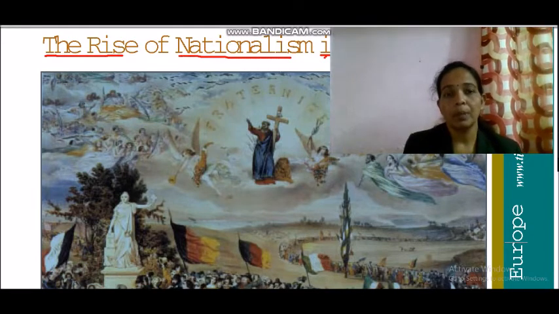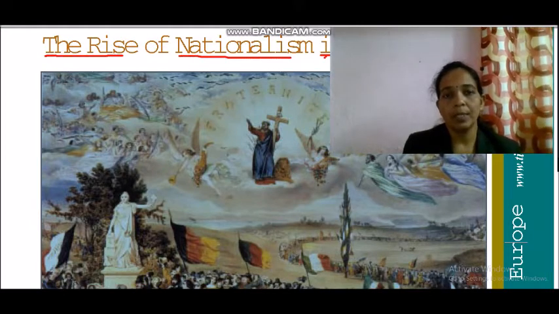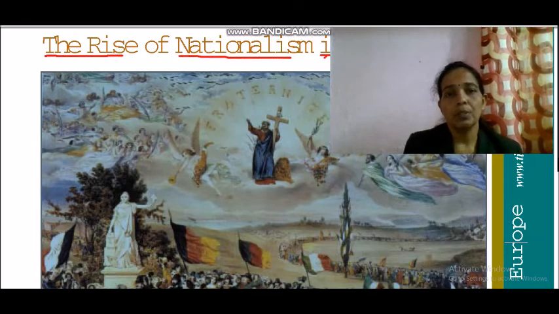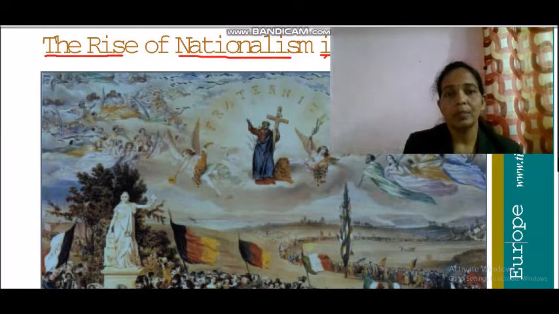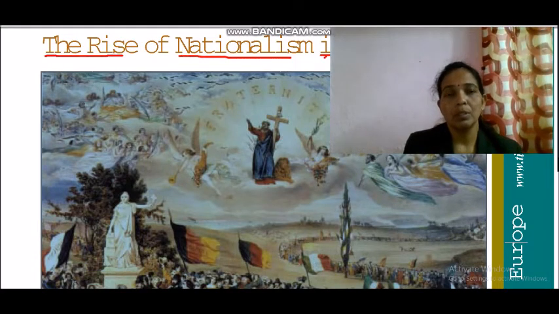If you remember the French Revolution properly, and you studied all the values given by the French Revolution, then there is no difficulty in understanding this chapter. The name of the chapter is The Rise of Nationalism in Europe. How nationalism started or rose in Europe is given in detail in this chapter.